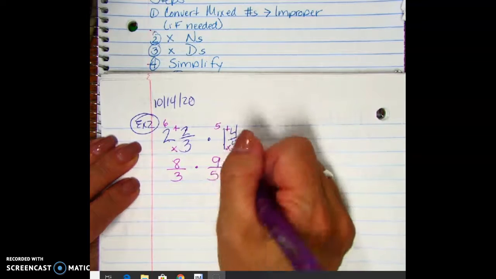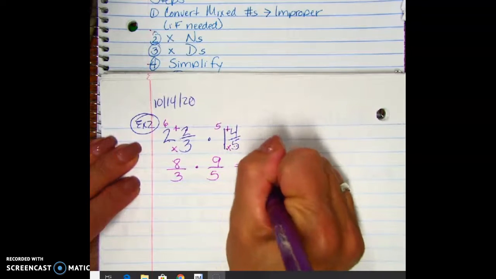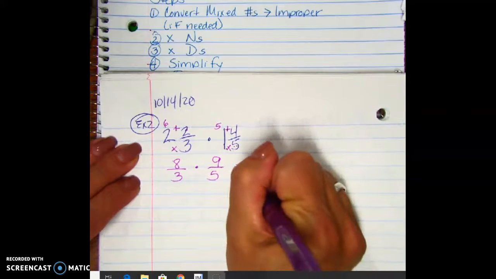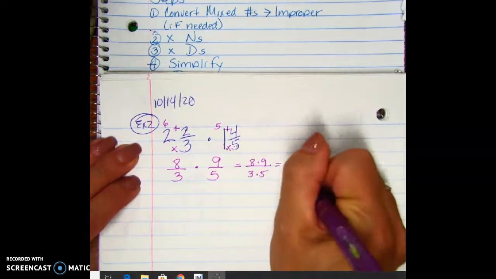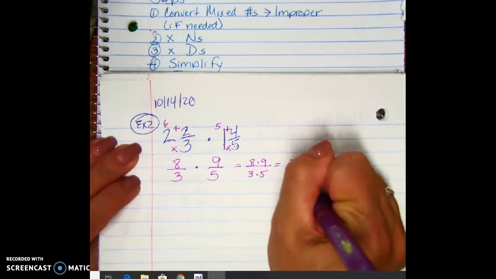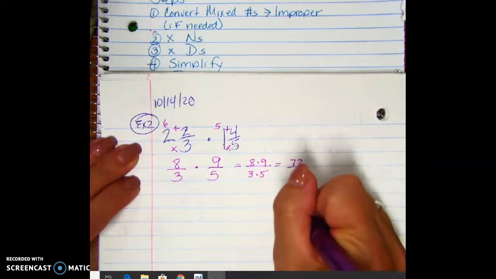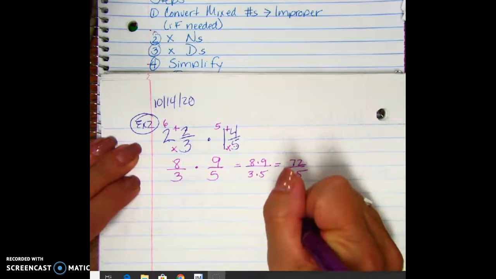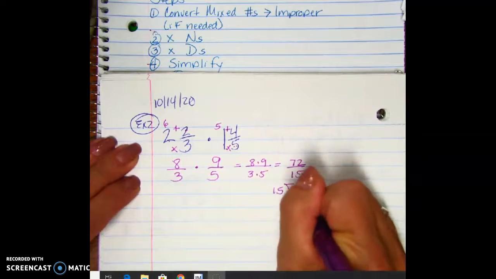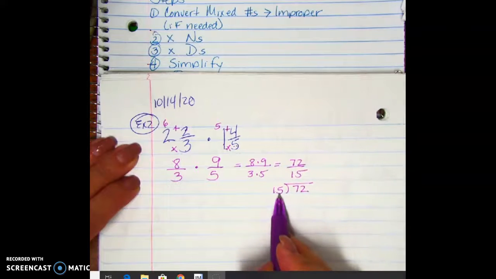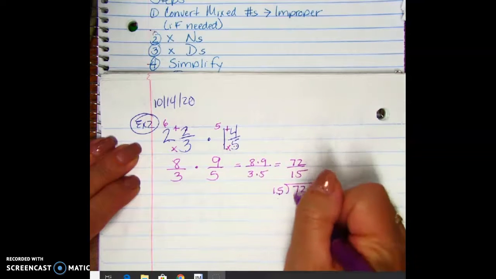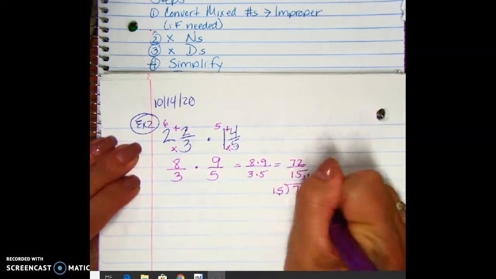And here we're going to multiply across. And we end up with 72/15. It's an improper fraction, so I am going to do my division. Actually, I'll just do it right here. 15 goes into 72. Well, 4 times 15 is 60. 5 times 15 is 75, which is too much, so it must be 4.